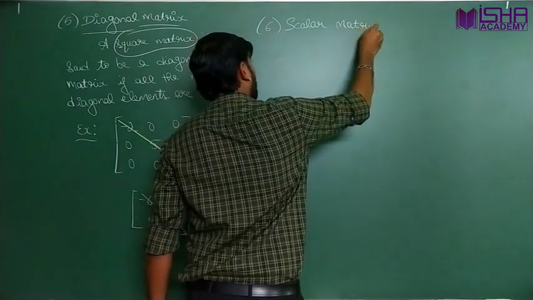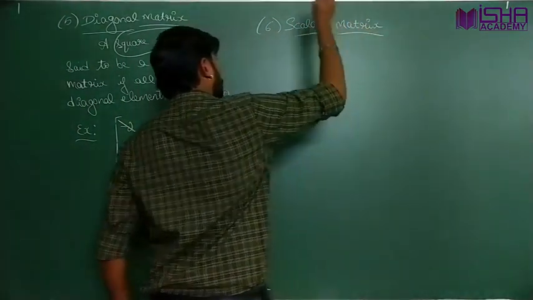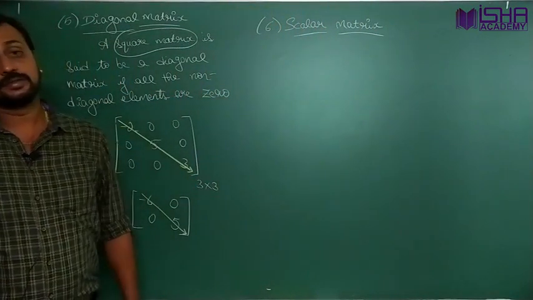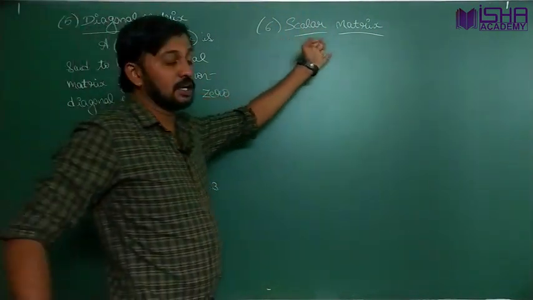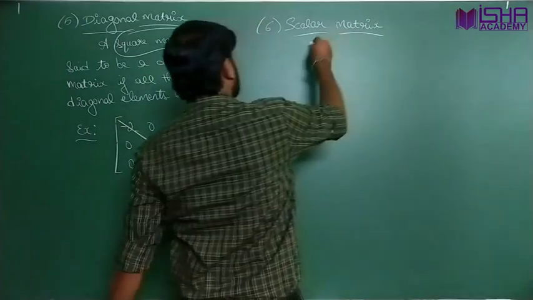So next, proceeding. The sixth type of matrix is a scalar matrix.